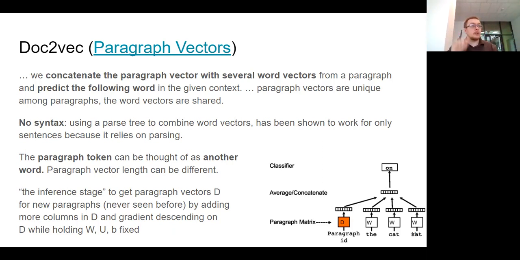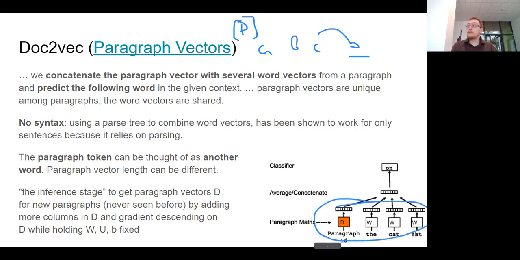In this case, they predicted the next word. So their context was like A, B, C, and they predicted the next word by the context, not the internal one, but the next one. But they also invisibly concatenate this paragraph word to each of these windows.